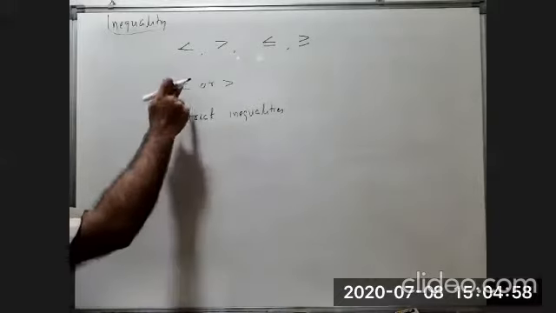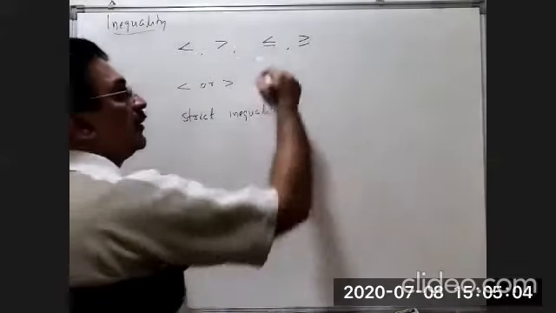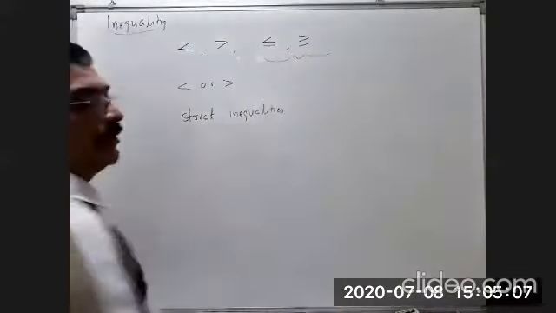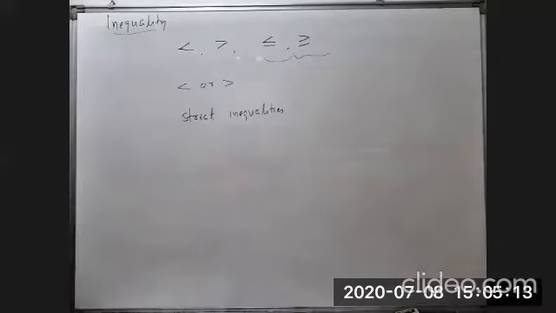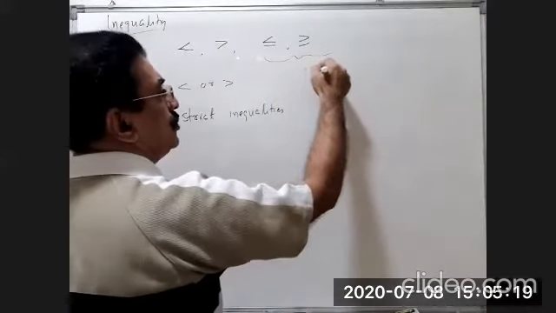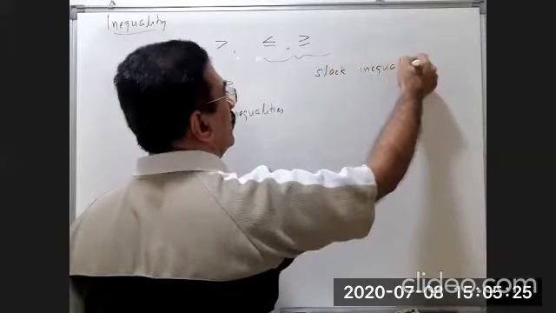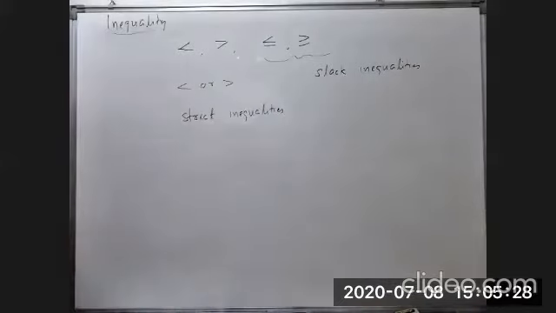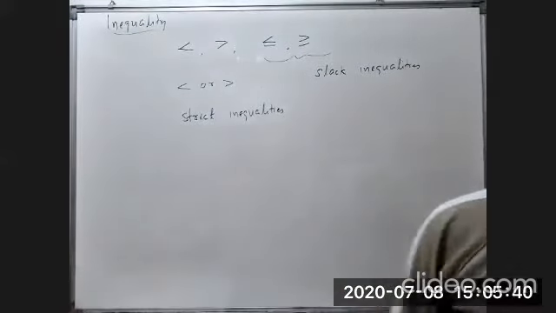And the expressions with less than or equal to or greater than or equal to are slack inequalities. So, strict inequalities, and the other one is slack inequalities.